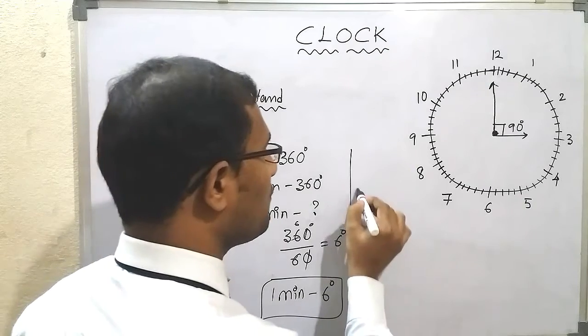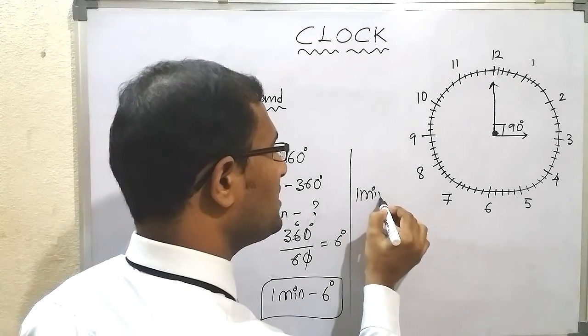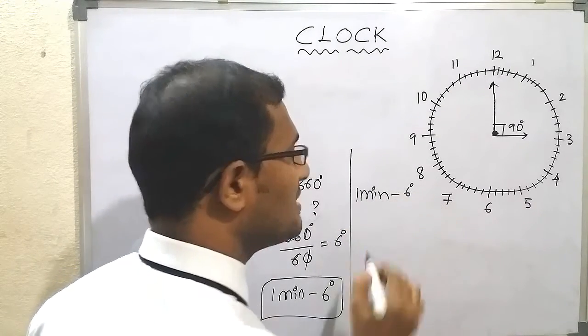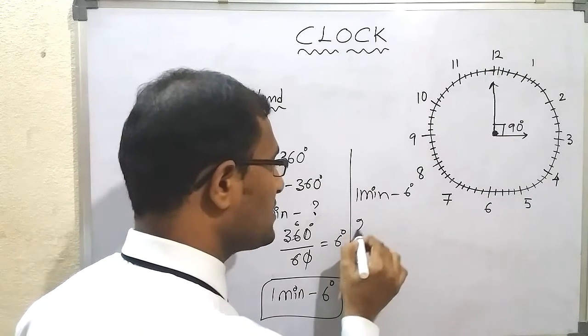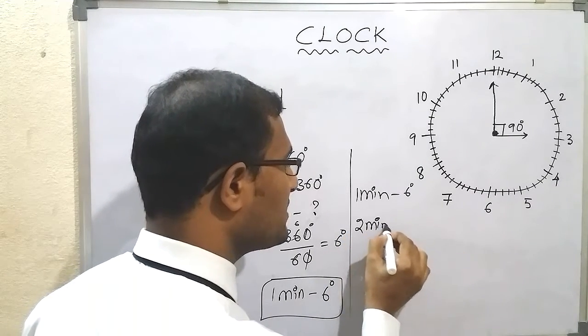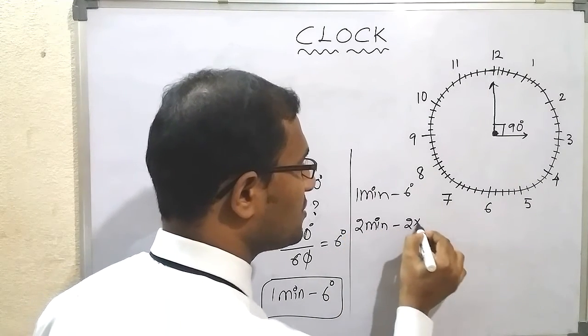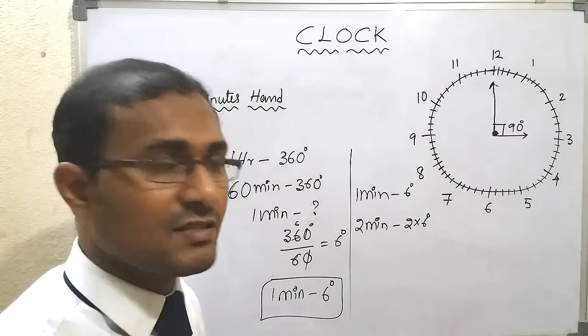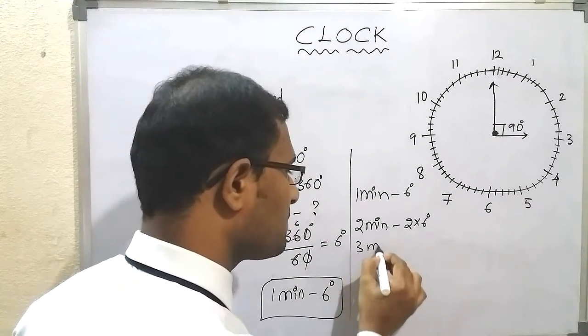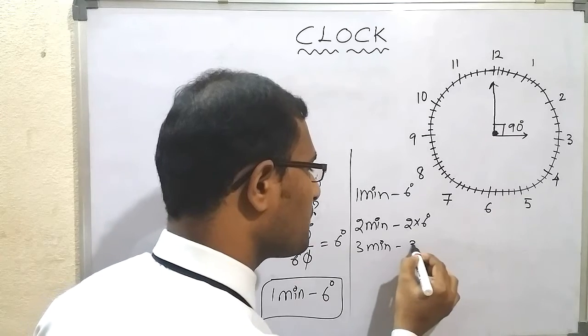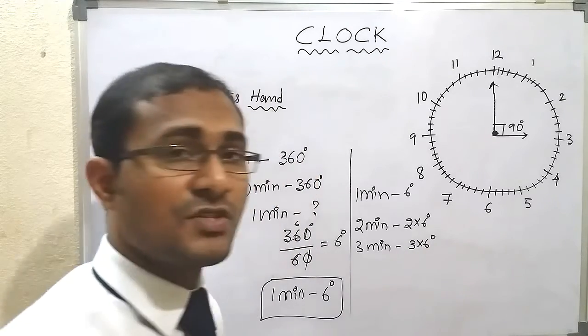Now let us see. For 1 minute, if the minutes hand is covering 6 degrees, then for 2 minutes it covers 2 into 6 degrees. For 3 minutes, it covers 3 into 6 degrees.